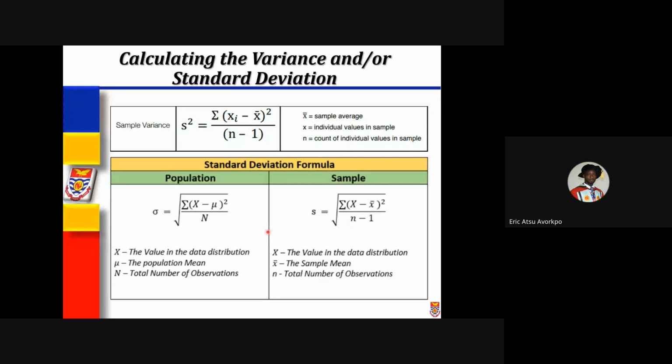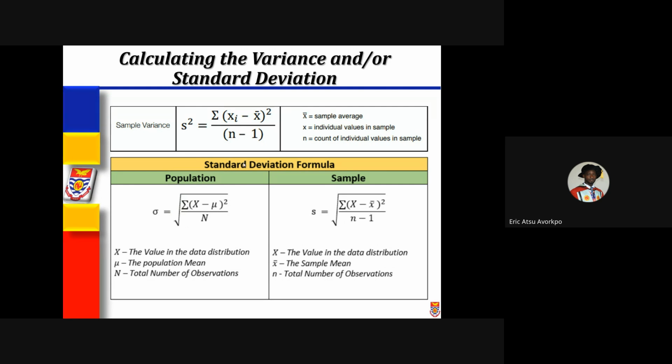So these are the formulas that you'll be needing when computing the variance and the standard deviation of a sample and of a population. In the first case, you see that I did not bring the variance of the population. I expect you to know that, because the variance of the population is also just going to be only the things under the square root.